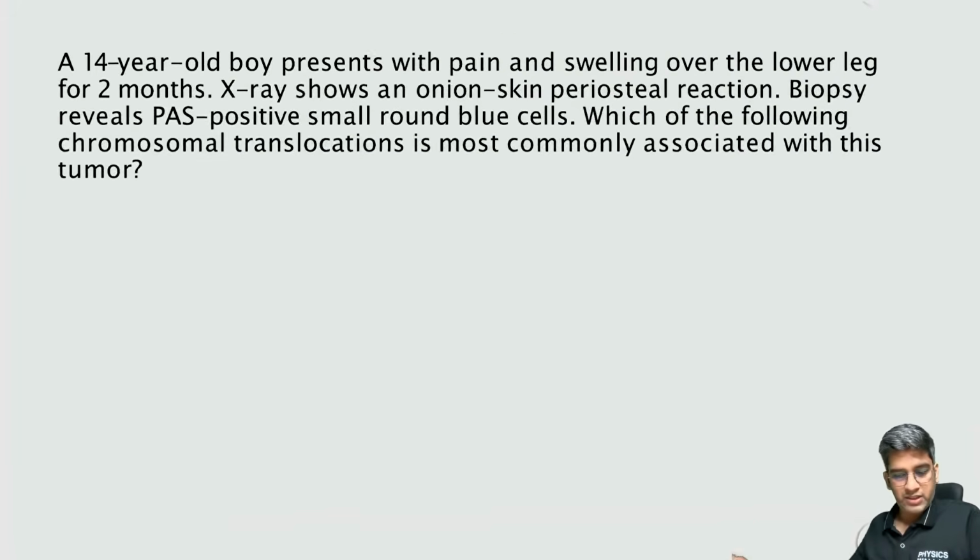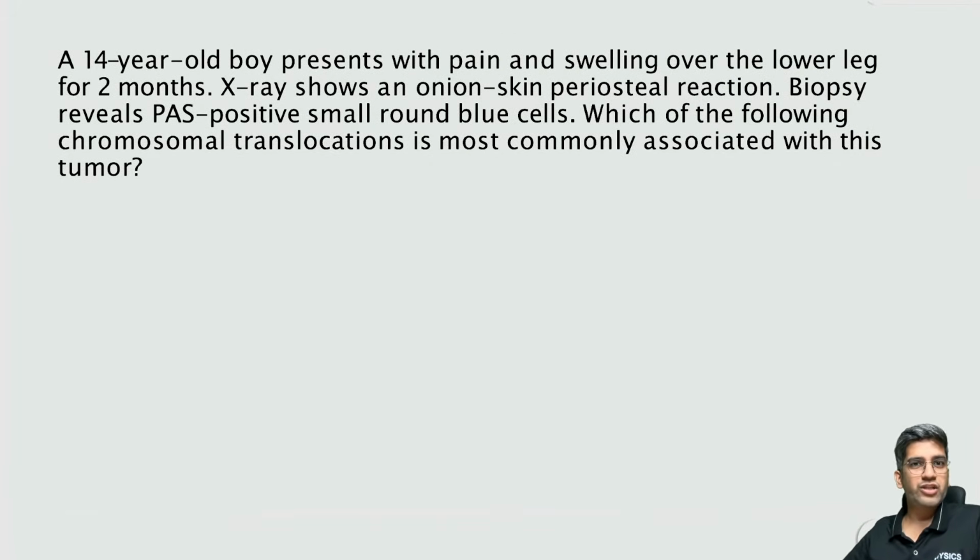I don't have an option here, but still, I'm sure that you will be able to tell me the diagnosis and also the right answer. First, let's go to the diagnosis, then the right answer. A 14-year-old boy with pain and swelling over the leg for 2 months.